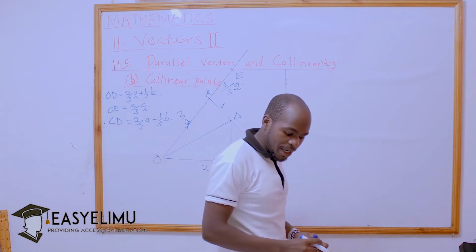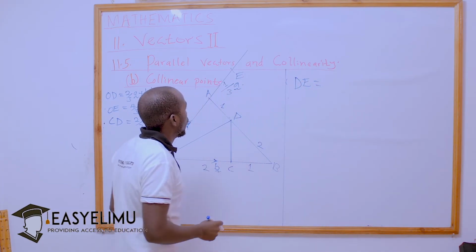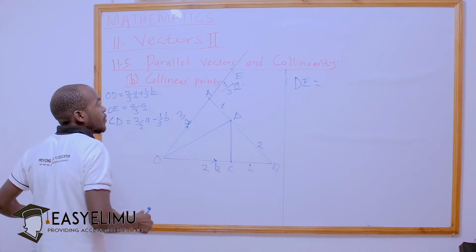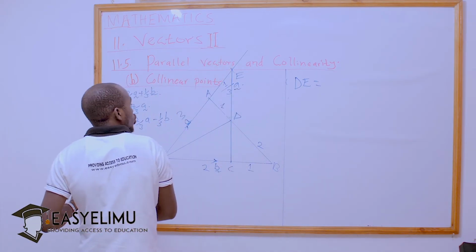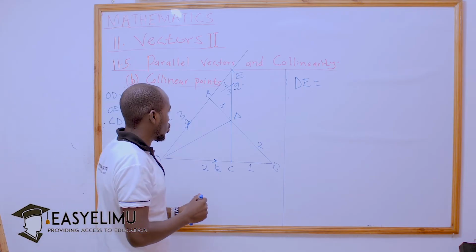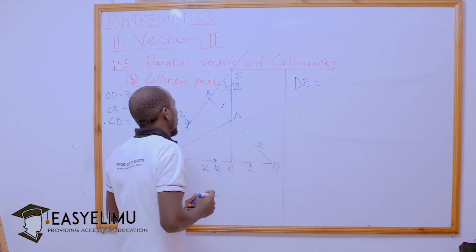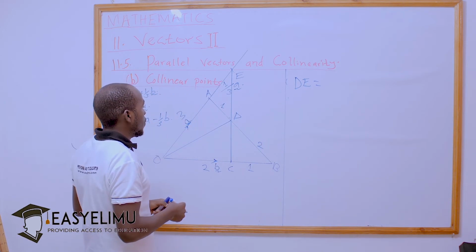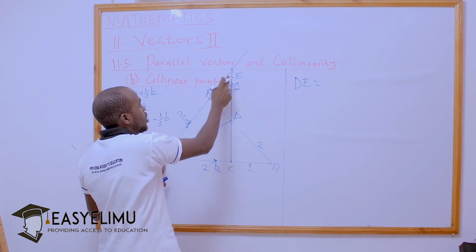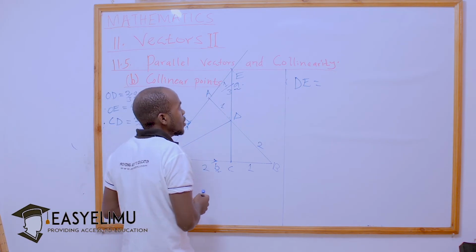Now we are going to find DE. Finding DE, we need to join D to E. On joining D to E, we shall find that E, D, C are a straight line, but we need to find DE. Finding DE can be done in two or even three ways. One, you may go DO plus OE, or DA plus AE, which will still give you the same answer.